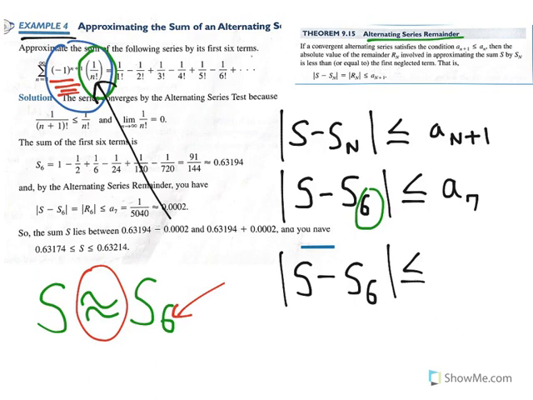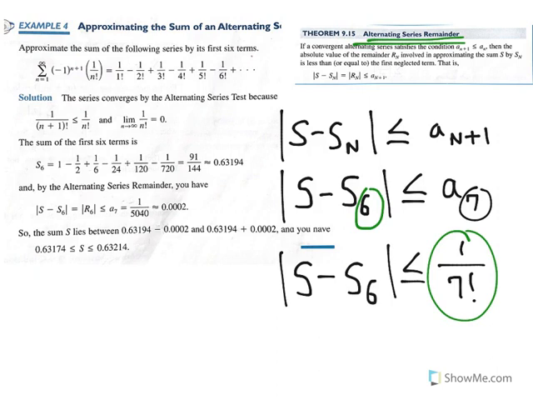So you look at this, 1 over n factorial, n is 7, so 1 over 7 factorial. In other words, we're not going to be off from the actual infinite sum by any more than this amount. That's what the alternating series remainder tells us. It tells us how good our approximation will be for an infinite sum for a convergent alternating series.